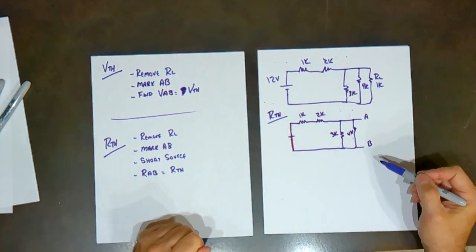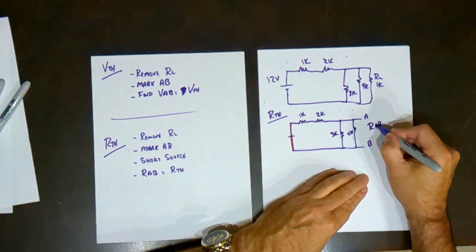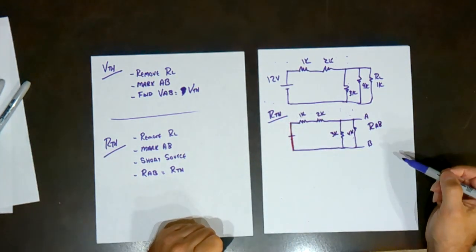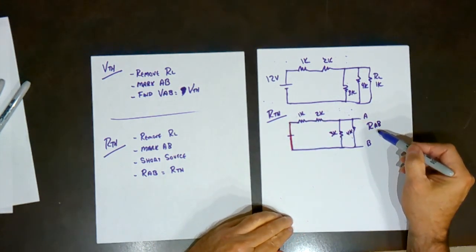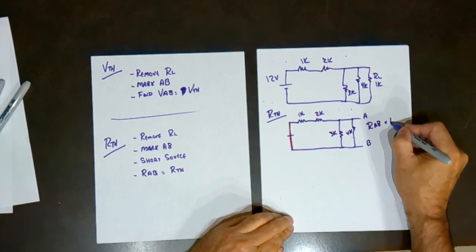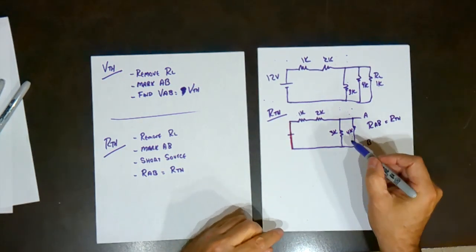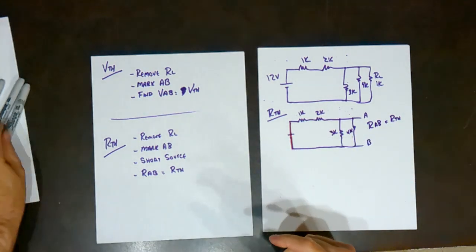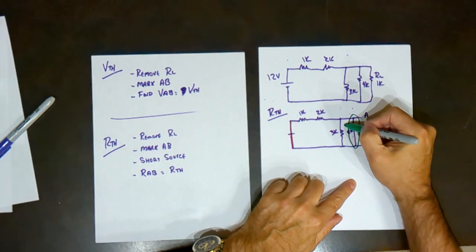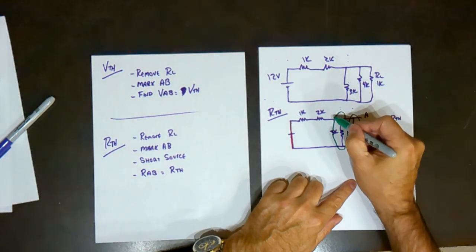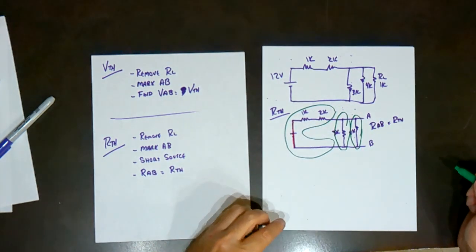In this particular case, what we're going to be doing is finding the resistance from A to B in this circuit. So with the source shorted out, we're going to find the resistance from A to B, and that will equal Thevenin's resistance. When we examine this circuit, we have this branch in parallel with this branch, in parallel with this branch.